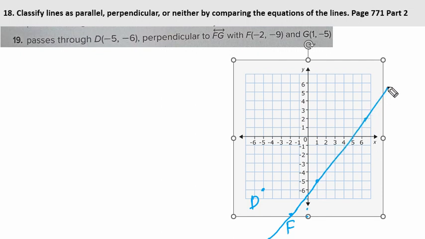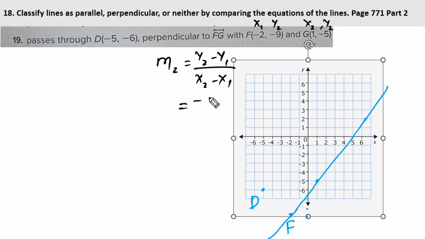The slope will be positive. Now if you want to use the formula, you can use x1, y1, x2, y2. Slope is y2 minus y1 over x2 minus x1. y2 is -5 and y1 is -9, so negative, positive. x2 is 1, x1 is -2, so negative, again positive. -5 plus 9 will give you 4 over 3.